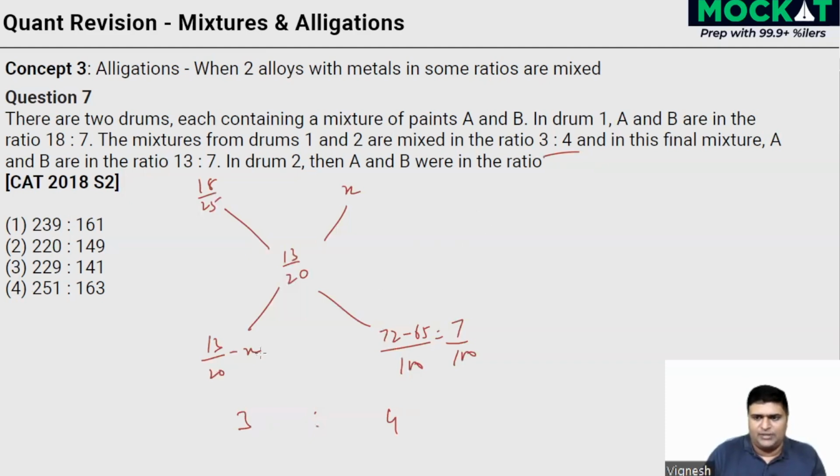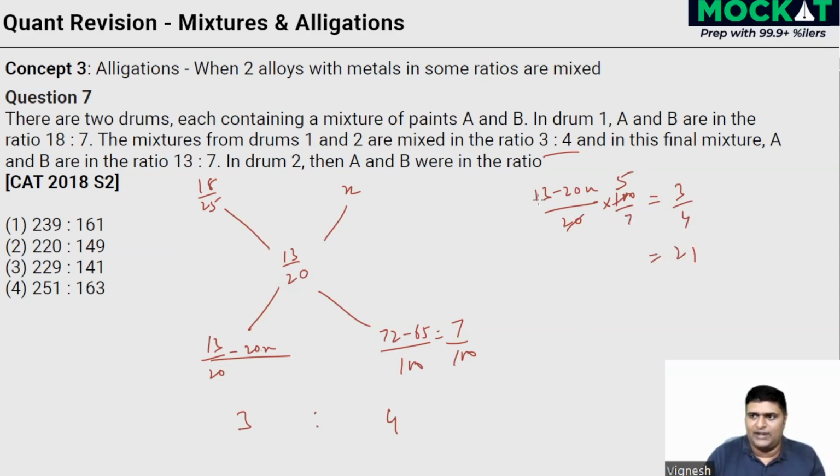So 13 by 20 minus x is nothing but, taking an LCM, 13 minus 20x by 20. So 13 minus 20x by 20, whole divided by 7 by 100, so into 100 by 7 equals 3 by 4, right? We can write it this way as well and simplify. Take the 7 and throw it there, you get a 21.